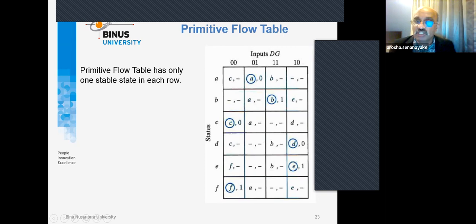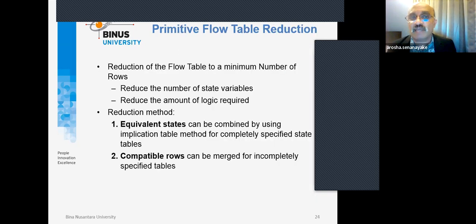When we change from one state to the other based on the input change, we have to find out how to fill the flow table. When input changes, what happens to the present state? What is the next state? That's what we have to do to get the primitive flow table ready.